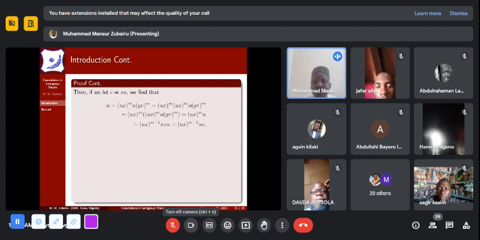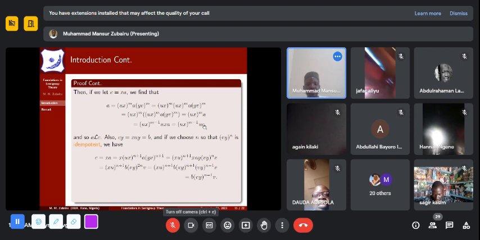At the same time, this is the same as UX to power m minus 1 operation UX. We still go back to UX to power m, so that we can associate XA, and the product XA we let be c. So we have UX to power m minus 1, U operation c.